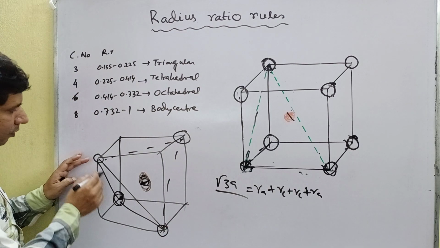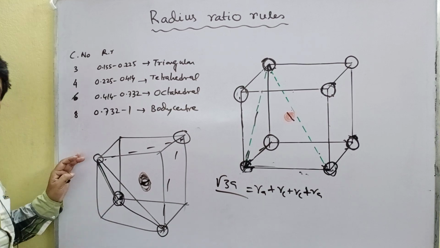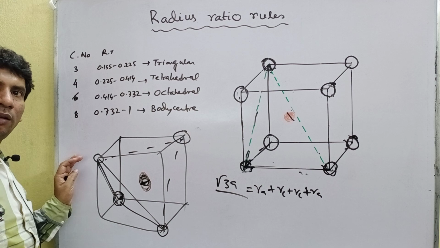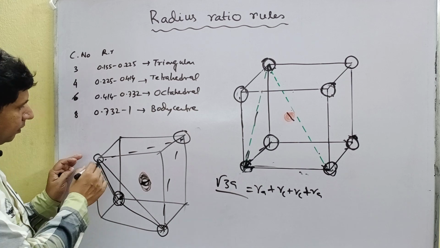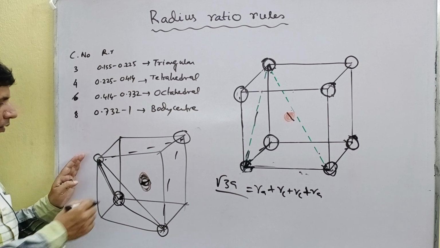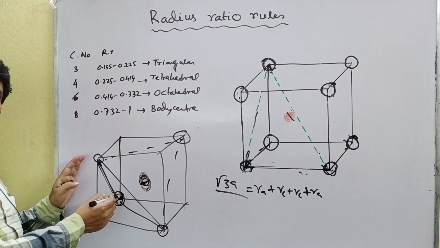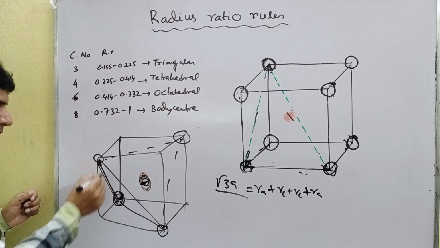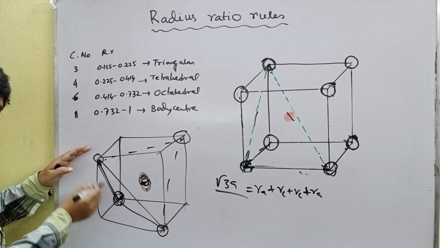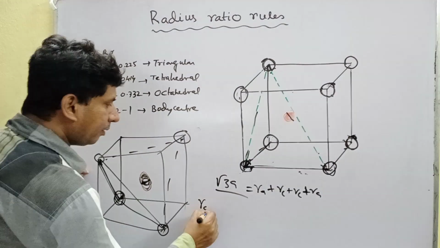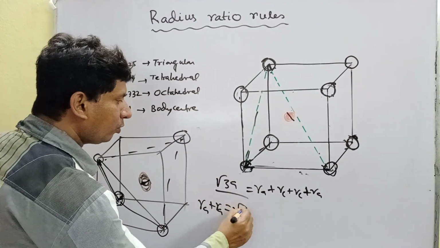And this is the face diagonal. What will be the value of the face diagonal? This is RA, this is RA, this is also RA. This is actually √2a. This is anion and this is anion, and they touch along the face diagonal, so RA plus RA equals √2a.